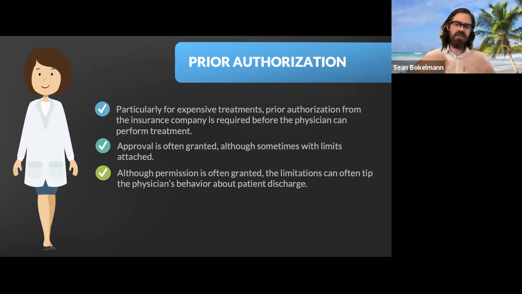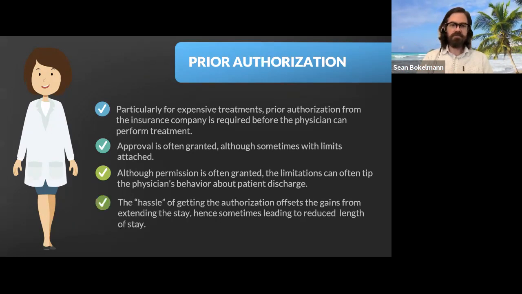And so even though permission is often granted, these limitations can often alter the behavior of the physician, and it's typically with regard to the discharge of the patient, right? How long should they stay in the hospital? And so in these cases, the hassle or cost of getting the authorization offsets the gains from extending the stay of the patient, right? So this typically leads to a reduced length of stay for the patient.